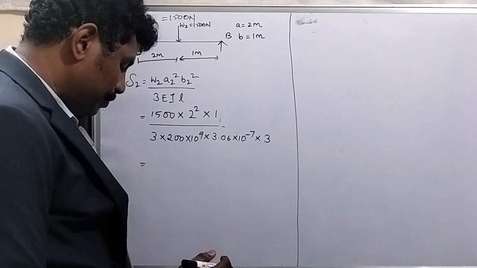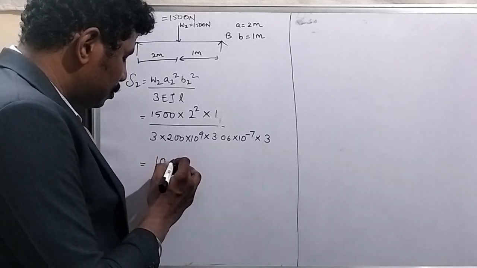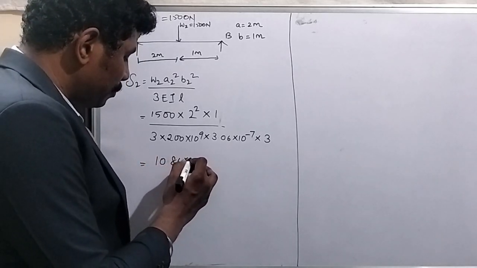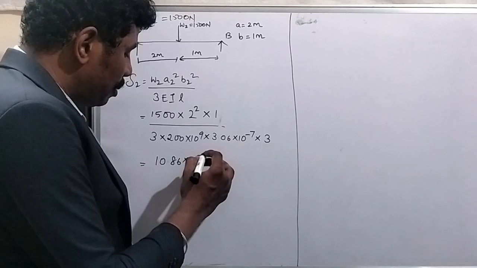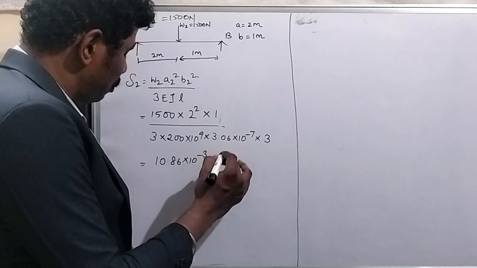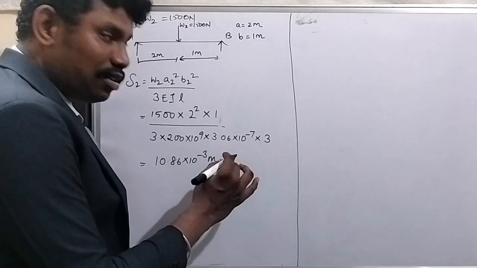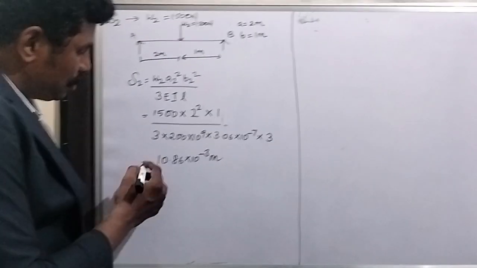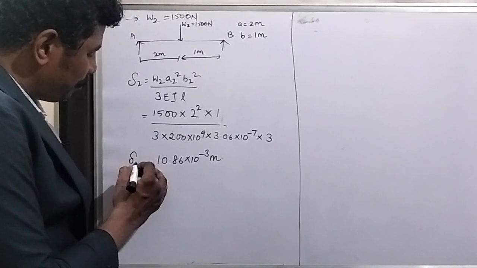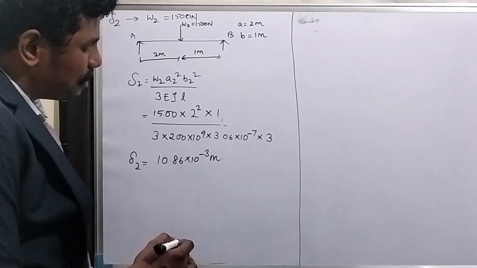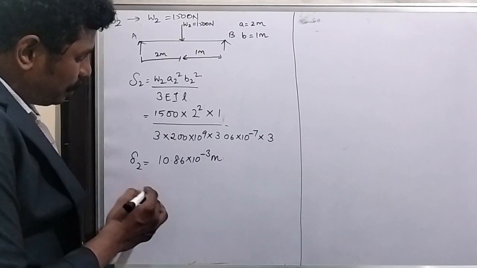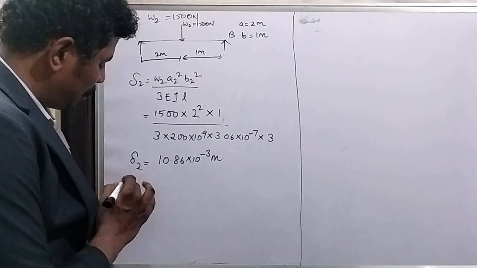So it will be 10.86 into 10 power minus 3 meter. So value of delta 2 will be 10.86 into 10 power minus 3 meter. So next we are going to calculate the value of delta 3.